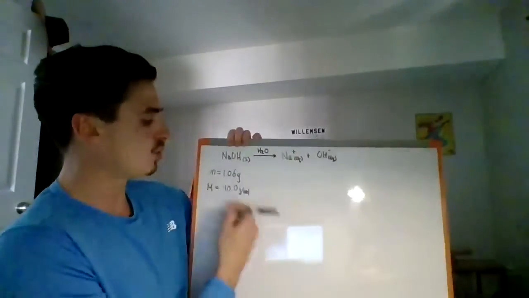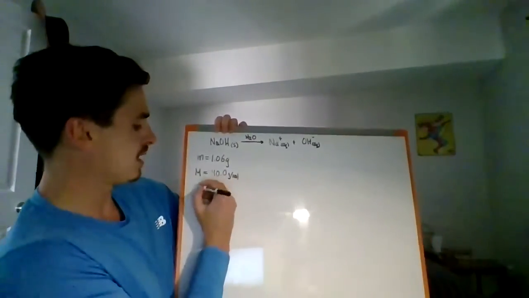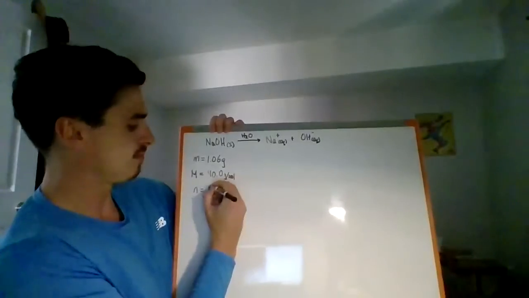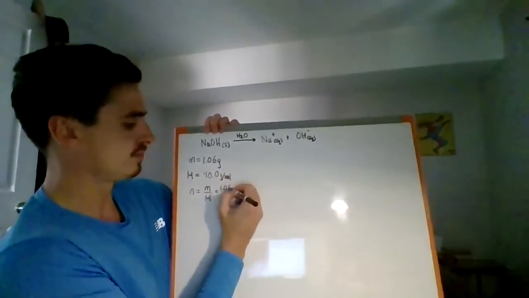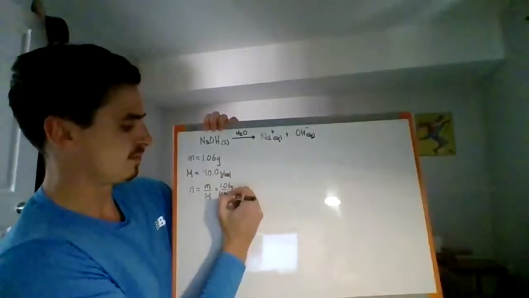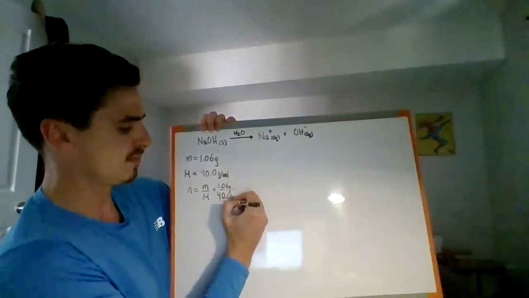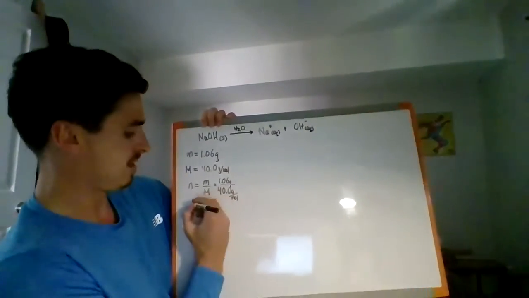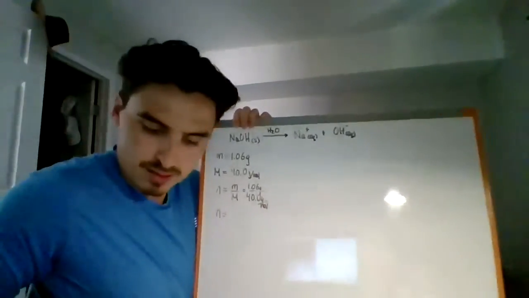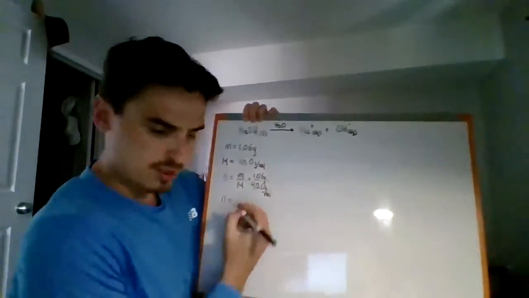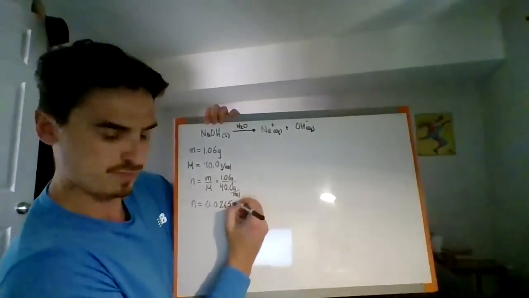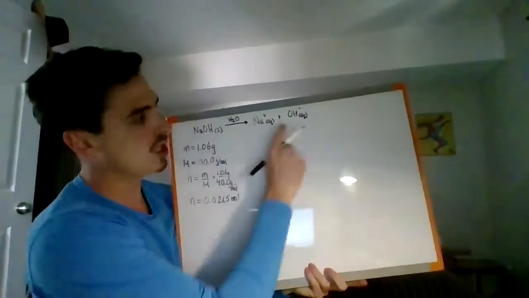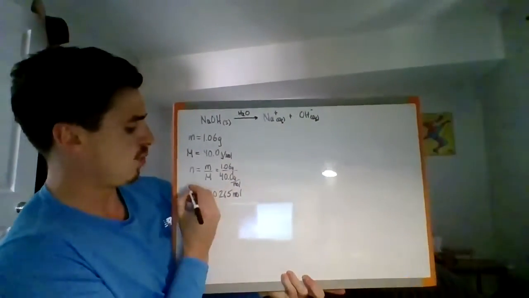When I have mass and molar mass, what can I calculate? You can calculate the moles, mass over molar mass. You guys can see that. So my moles are 0.0265 moles.